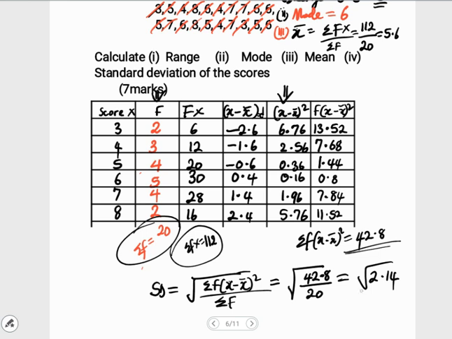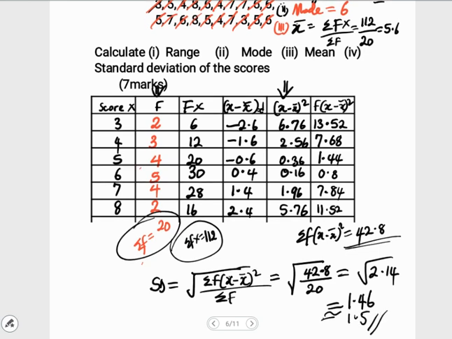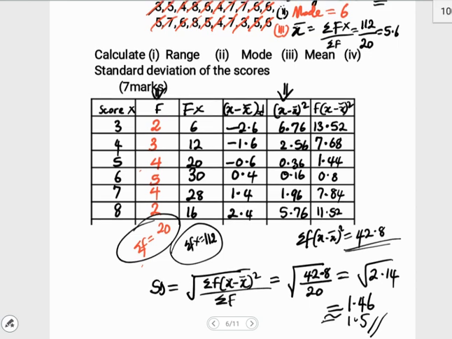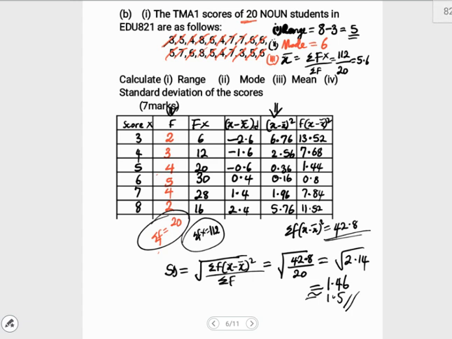The next is to find the square root of 2.14, and this will give 1.46, approximately 1.5, as the standard deviation of the distribution we have here.